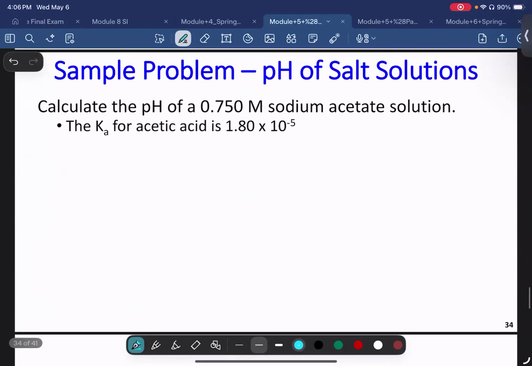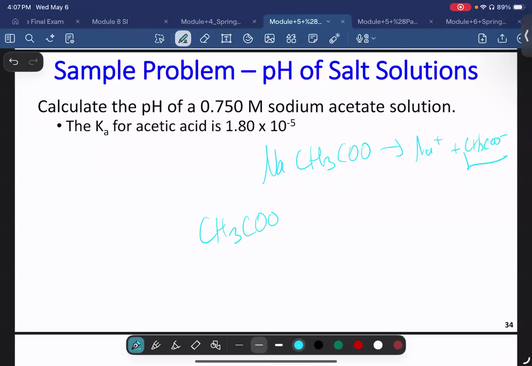All right, so you want to make sure you remember how to do the pH of these things, right? So you basically first write out the thing, CH3COONa, right? Dissolve it: Na+ and CH3COO-, right? And then you determine this is the conjugate base of a weak acid. And then you create the reaction first.